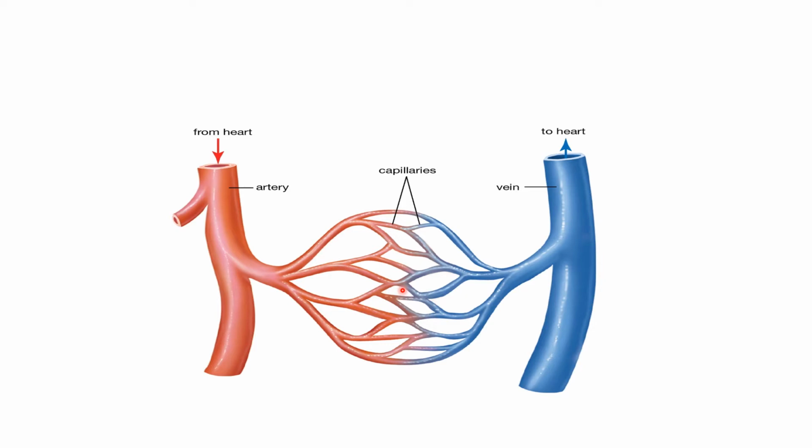And the capillaries then deliver the waste rich blood to the veins. Here you can see these capillaries are delivering deoxygenated blood to the veins for transport back to the lungs and the heart. Veins carry the blood back to the heart. You can see this arrow is shown here that veins carry blood back to heart.